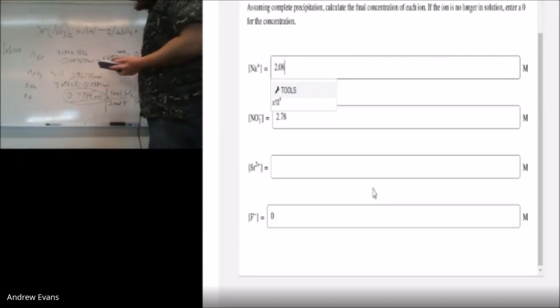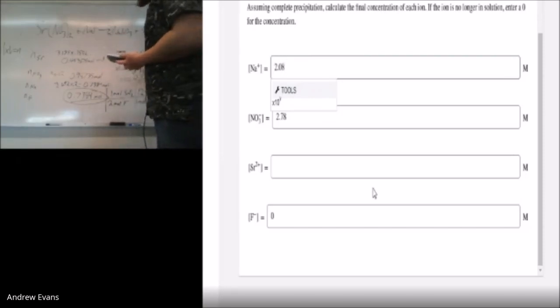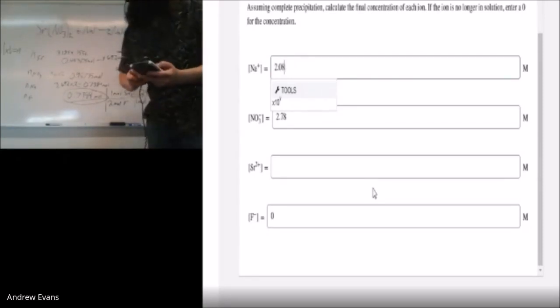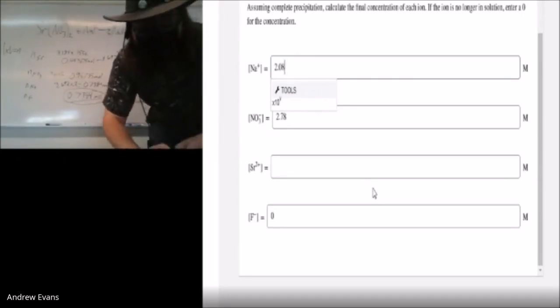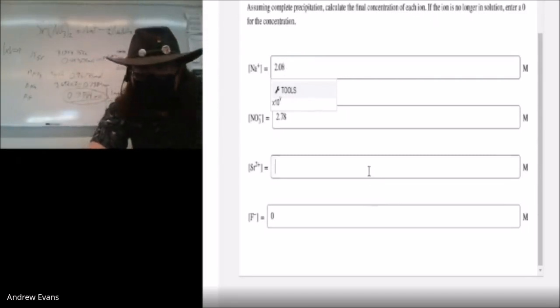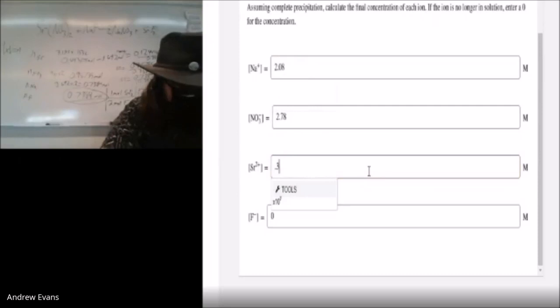That gives us my 0.3692. Now we have that much left, and I'm going to divide that by 0.355, which is my total volume, to give you a molarity, the final molarity of strontium ions, 0.351.